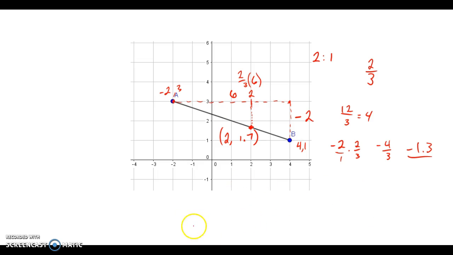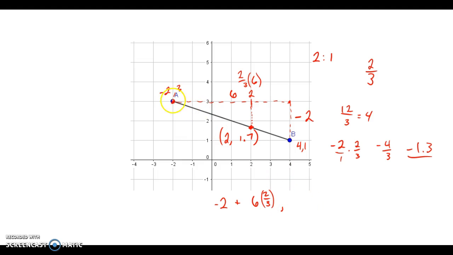So, mathematically, if we were doing this without the graph, we're going to take our original -2, and we're going to add to that the difference between, I went from -2 to 4, that's 6, times 2/3, that's the x coordinate.